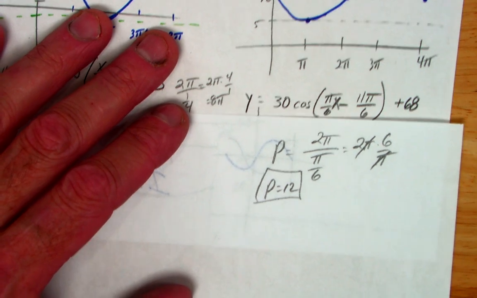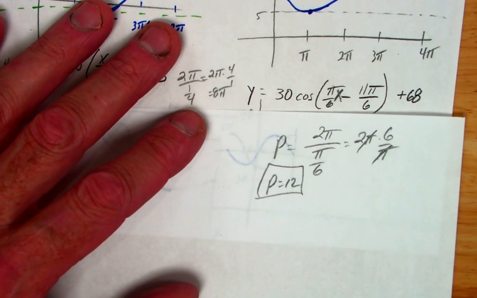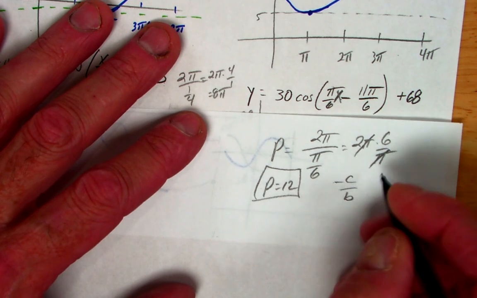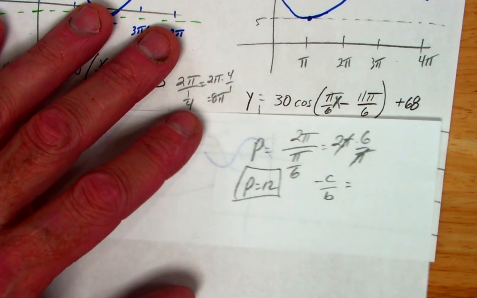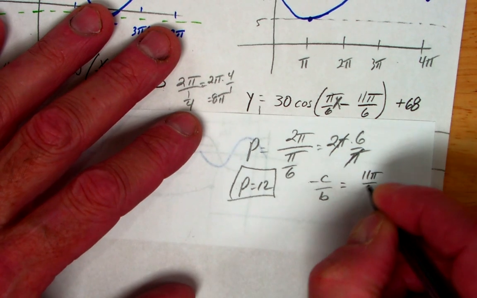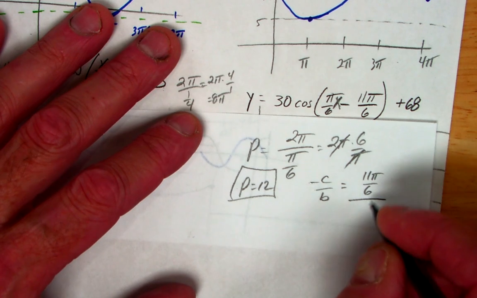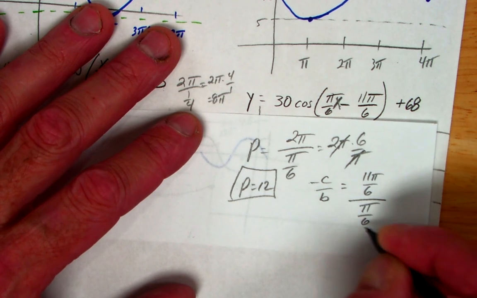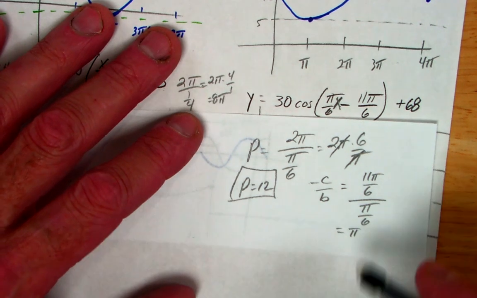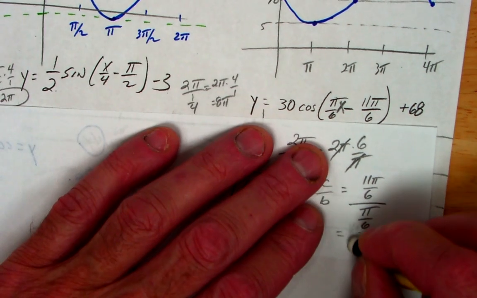Okay? What's my phase shift? My phase shift, remember, is negative c over b. Well, so it is 11 pi over 6 over pi over 6, equals... It would be 11 pi squared.